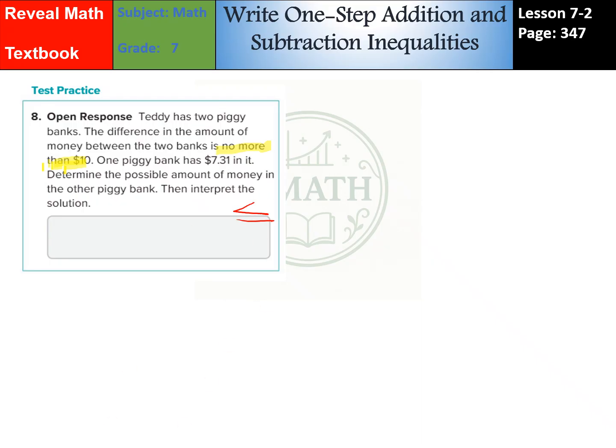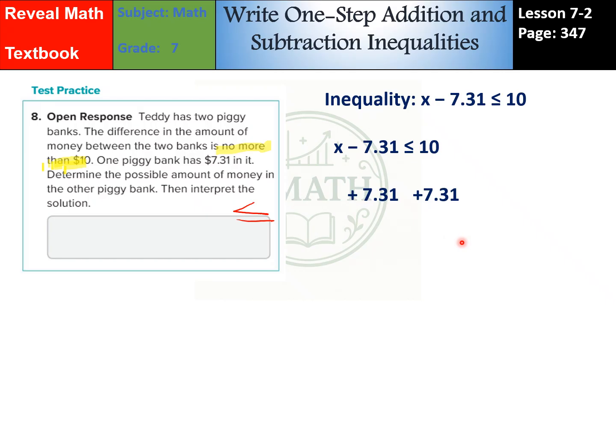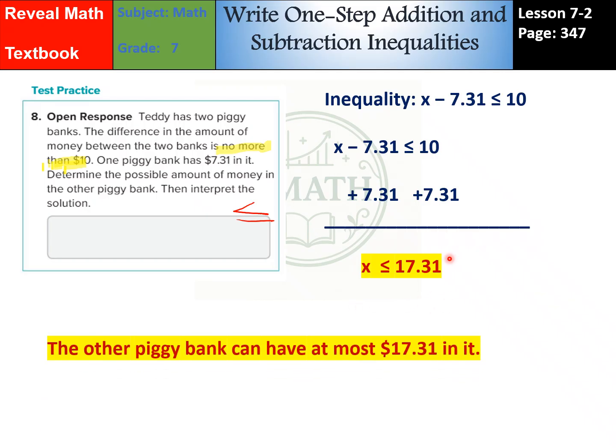Write an inequality. He already has 7.31, so x minus 7.31 should be less than or equal to 10. How are you going to solve it? Add 7.31 to both sides. 10 plus 7.31 gives you 17.31. So this is how you can write the equations and solve the inequalities, and then you can interpret the solution.